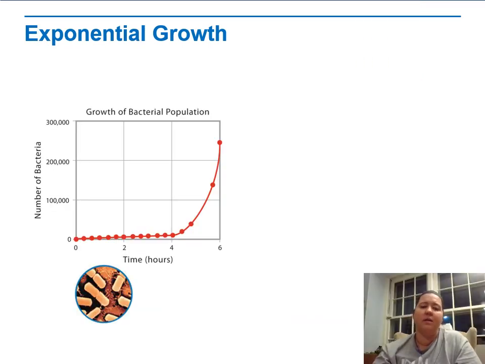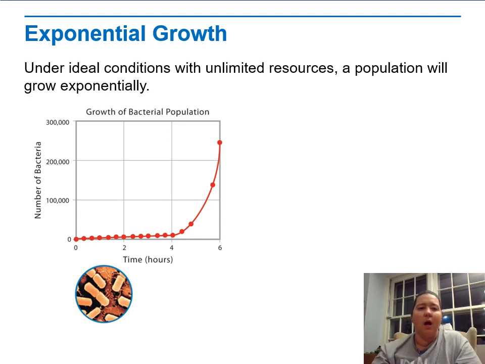Exponential growth. You may have seen a graph like this in math class. Exponential growth is just something like this where you end up seeing a huge growth in the population. So under ideal conditions, ideal means perfect, nothing wrong with it, and with unlimited resources, a population will grow exponentially.